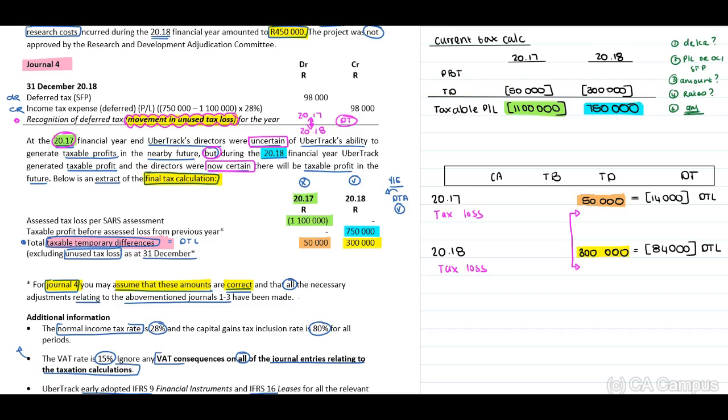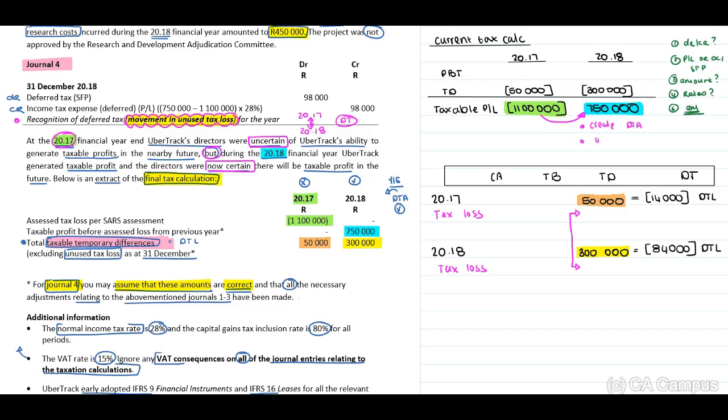Okay, so guys, when you think about this, if I have a business and this year I recognize a loss, I would like to utilize and use that loss in the future. Therefore, I would want to use that 1.1 million in 20.18. Therefore, in 20.18, we first need to create the deferred tax asset in terms of the loss. You with me?